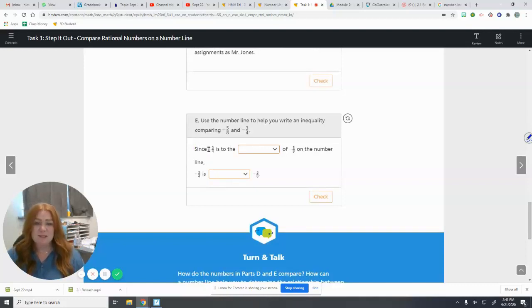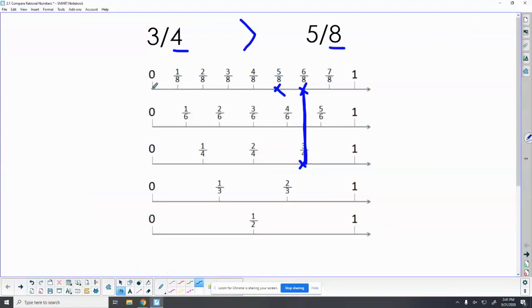Since 3/4 is to the which direction compared to, now we're comparing negatives. So now let's flip that around and think about these as negatives. Let's extend our number line out this way to the negatives. It's going to go the same direction. Here's -1/8.